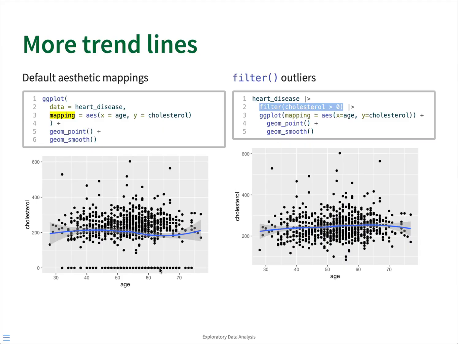So if we wanted to get rid of those cholesterol values at 0, we could filter those out with the filter function, and then pipe the output of the filter function, which in this case would be the data frame without any 0 cholesterol values, onto ggplot, and then use the same code as before. And then we see we have the same graph minus the 0 cholesterol values, and now the trend line seems to go much more through the middle of the data.